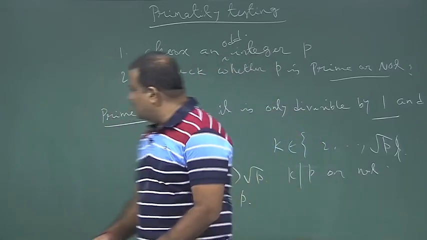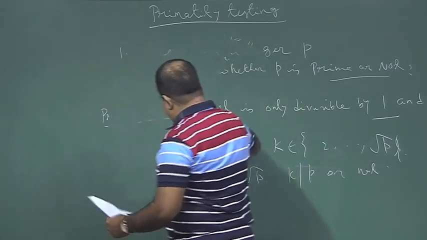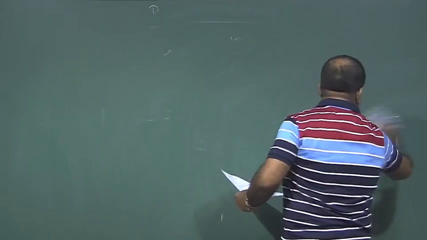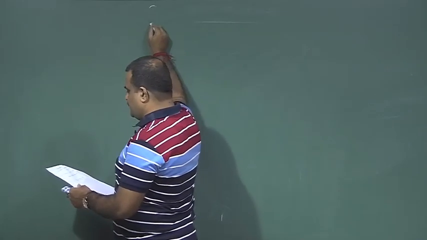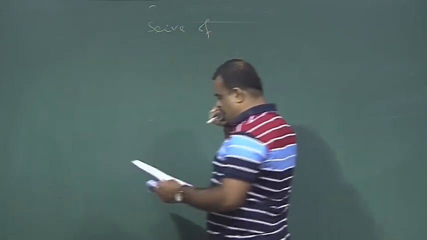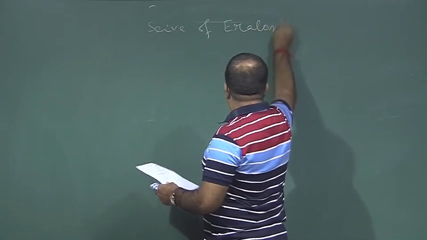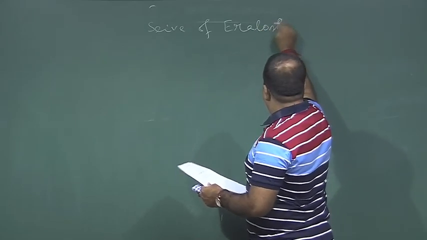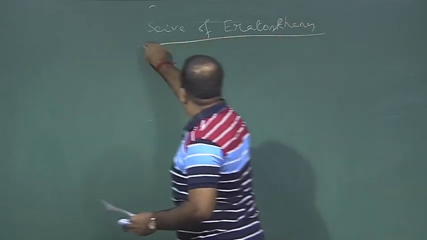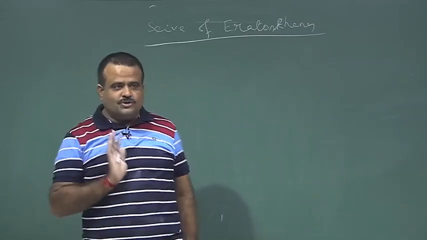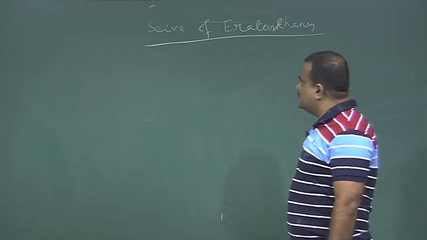Another approach we have seen is called the sieve of Eratosthenes. The idea is that we just remove the composites, and then the remaining numbers are prime.